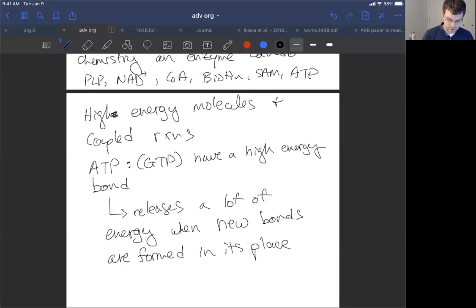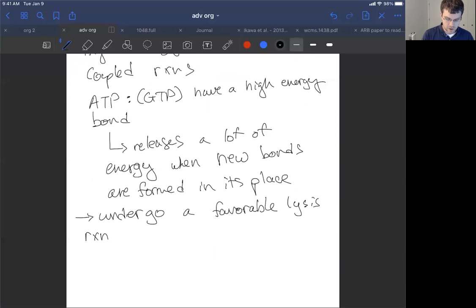But what these do, ATP, these undergo a favorable and overall hydrolysis reaction with water. Now what happens is if you take water and you add it to ATP, you get Pi plus ADP.